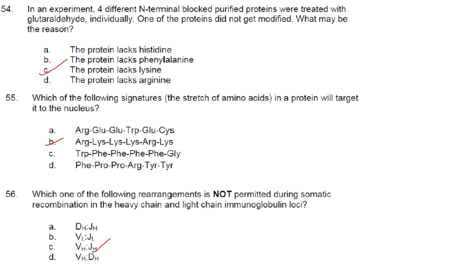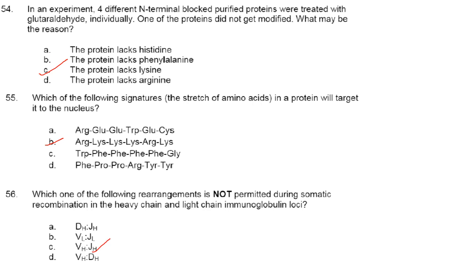Recombination will only occur between gene segments located on the same chromosome, and it generally follows the rule that only a gene segment flanked by a recognition signal sequence or RSS with a 12 base pair spacer can be joined to one flanked by a 23 base pair RSS.